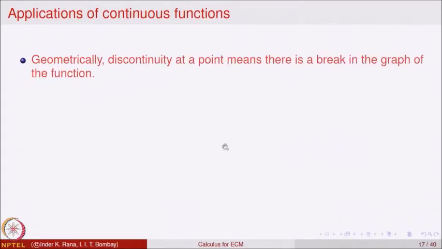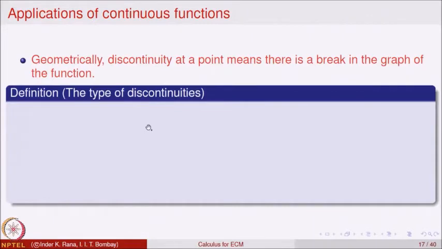So, let us look at what discontinuity means. Discontinuity means essentially that there is a break in the graph of the function. We will try to make this statement more precise soon. We will describe various types of discontinuities.